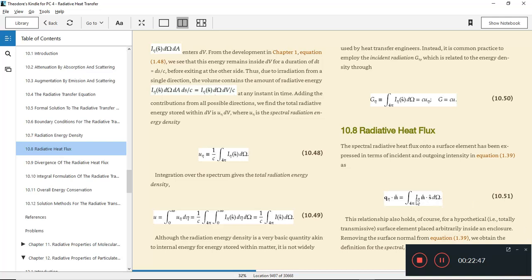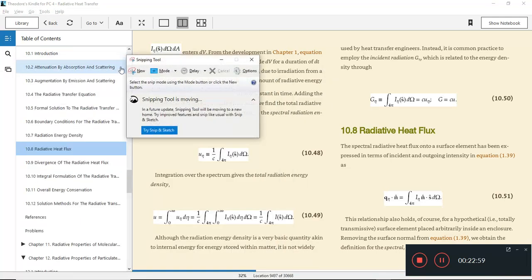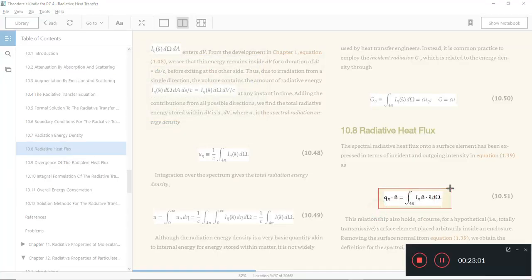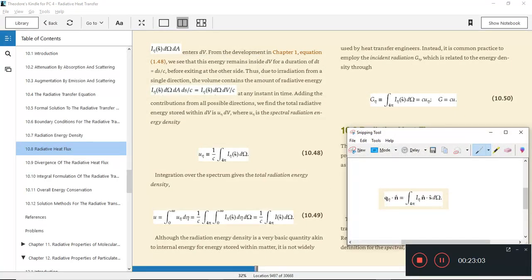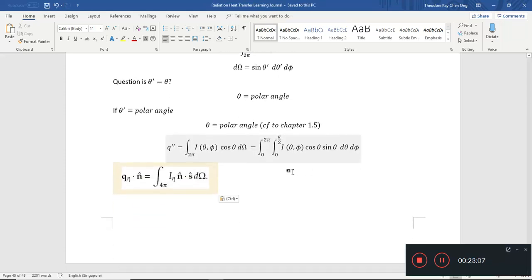The heat flux equals, well, you integrate over 4 pi n dot s d omega. So let's do a comparison here. The left hand side is basically heat flux. That is all it's saying.